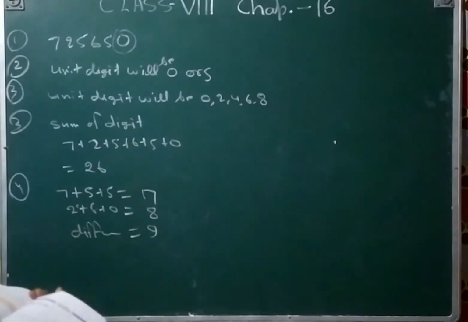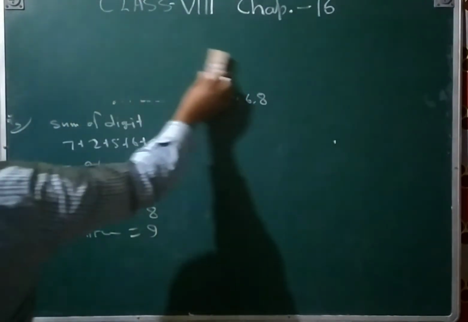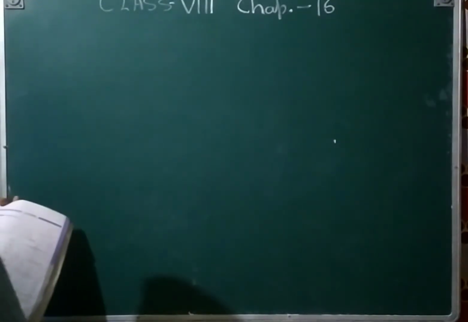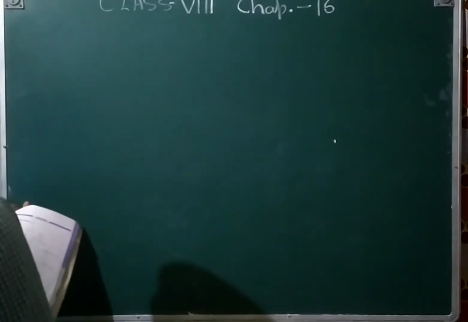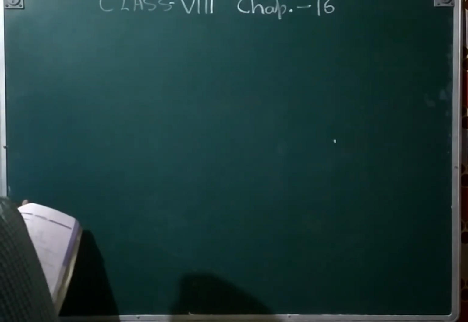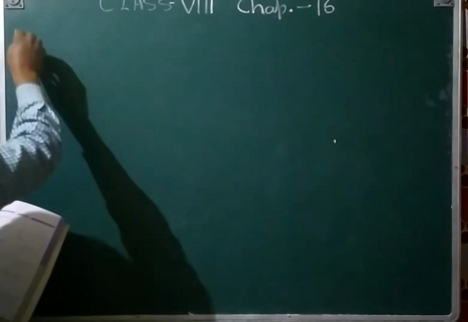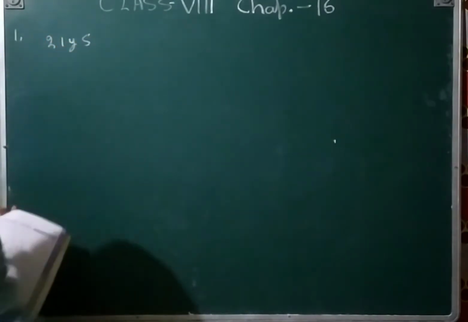Now the question 16.2 you will see here. If 21y5 is a multiple of 9, where y is a digit, what is the value of y? So 21y5 is given here.